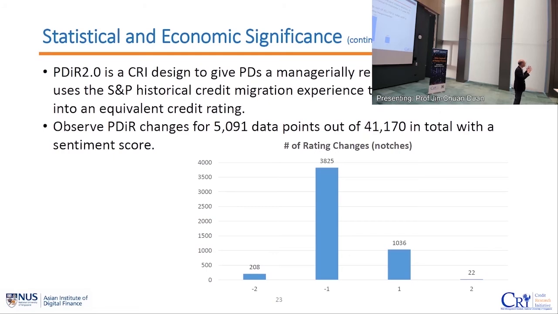So I'm going to show you the result differences in the credit rating mindset. What I have to do is translate probability of default into a rating equivalent number. We actually have a system called PDIR 2.0, which translates probability of default in reference to S&P's 30 years of default migration history.